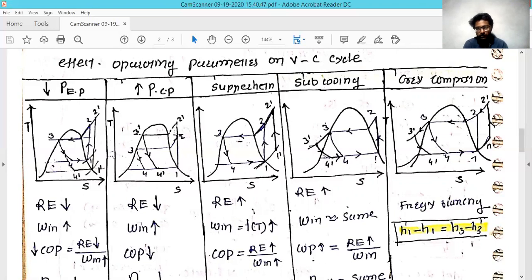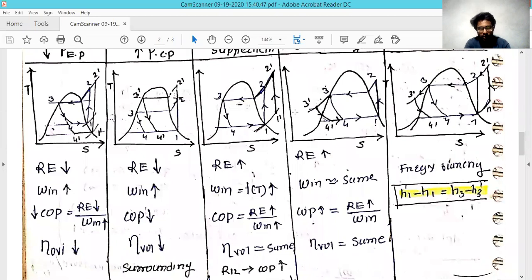And secondly, the work input to the compressor is going to increase, and just because of that, if you put these two values in the coefficient of performance, you cannot comment on this, as we have seen that the refrigeration effect is going to increase and the work input is also going to increase.